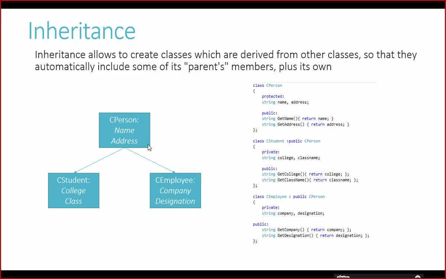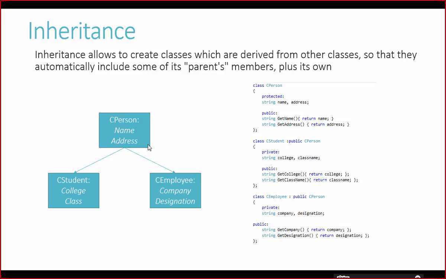When we say object oriented, we try to create objects which are meaningful and contextual. The person has some members, say name and address, and maybe some methods called getName, getAddress. The students and employees, since they derive from the person, automatically get the same functions and same attributes.